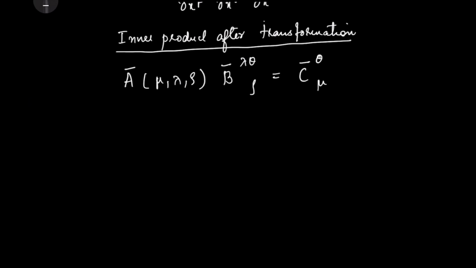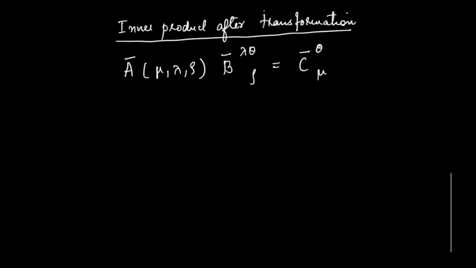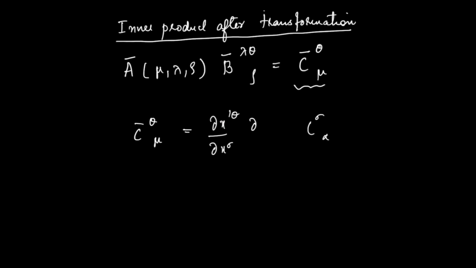If this is C bar, then I can define C bar also. C bar theta mu is equal to partial derivative of x prime theta with respect to x sigma, and let this be C sigma alpha in the other coordinate system, partial derivative of x alpha with respect to x prime mu.